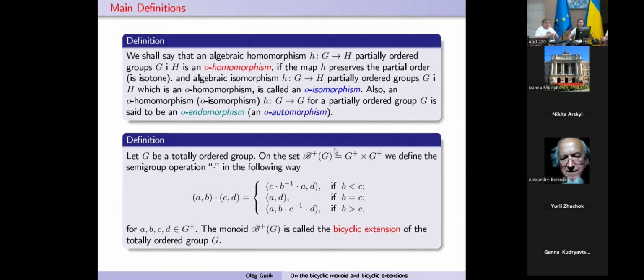If we lift to the additive group of integers with the usual order, such an operation gives the operation of the bicyclic semigroup, where multiplication is the usual addition, and power is multiplication by the power. Such a semigroup is called the bicyclic extension of the totally ordered group G.